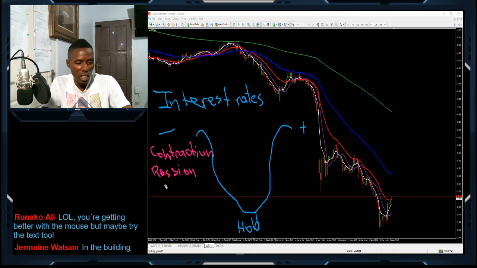After we go to the recession phase, then we go to the recovery phase. And then we're up on the whole. When interest rates start to pick up, when things start to pick up, this is when interest rates increase.